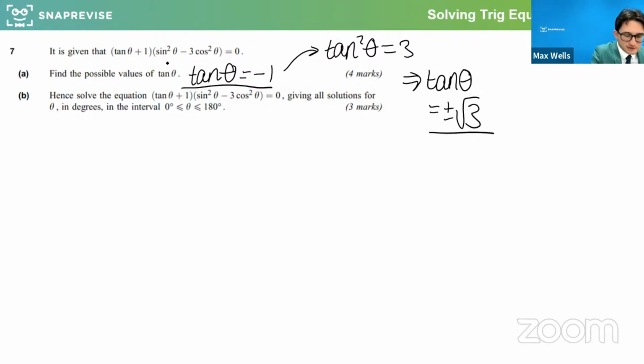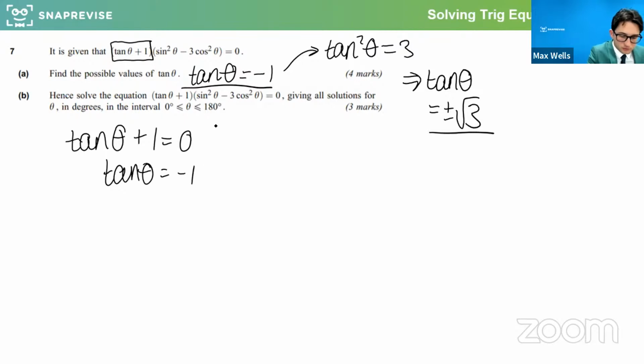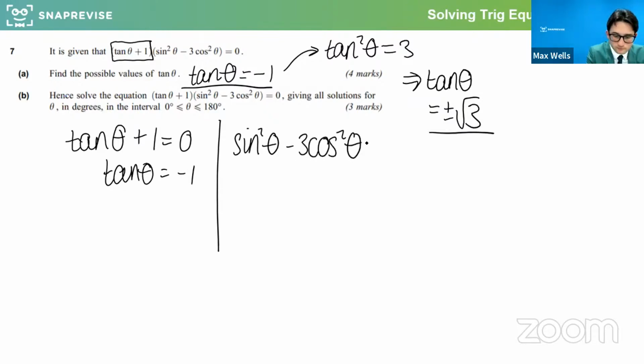But because this is fully factorized and equal to 0, are we happy that we can say, when is that bracket equal to 0? Tan theta equals -1 if you rearrange, because tan theta +1 would have to equal 0. So tan theta equals -1. Or here, you'd have sine squared theta -3 cos squared theta equals 0. So if I rearrange that, sine squared theta equals 3 cos squared theta.